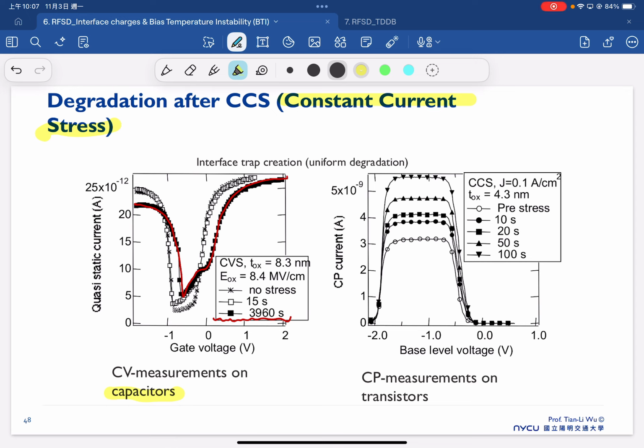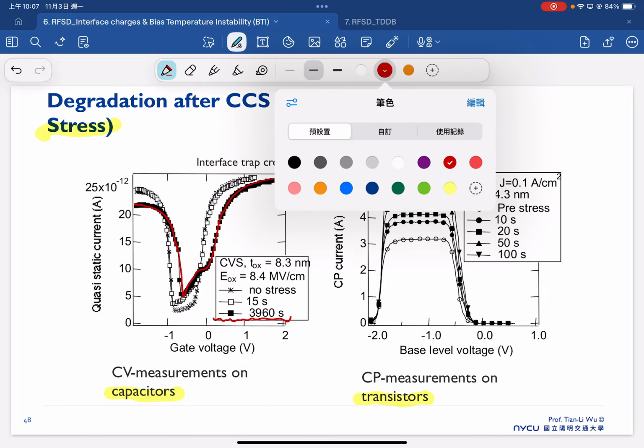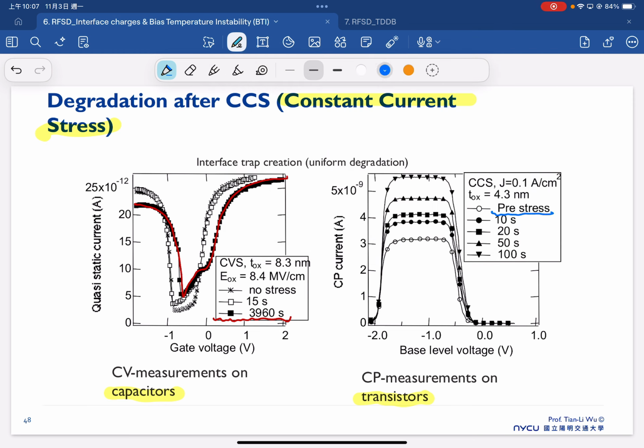But one of the great advantages of using charge pumping is that we are able to measure on the transistor. We don't have to use a capacitor; we can use the transistor here. If we look at the transistor for the charge pumping measurement, what we are interested in is the charge pumping current. In the beginning, this is fresh, pre-stress, as shown here.